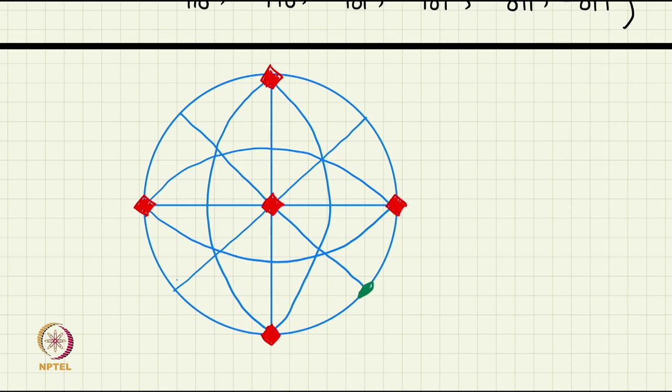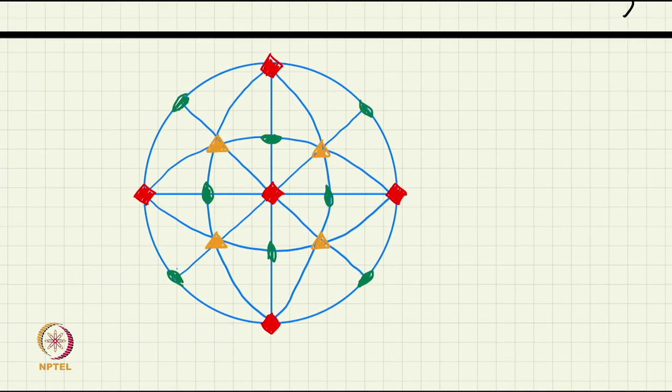So, these are the 2-fold axes. And finally, the 3-fold axes along the body diagonals. This is the stereogram for 4 3 2.